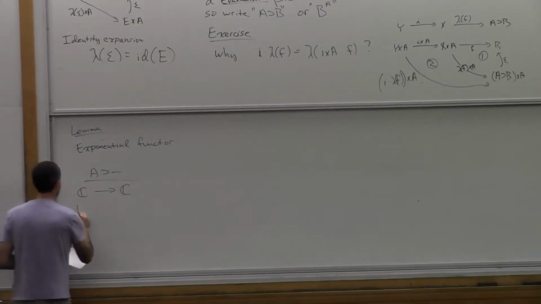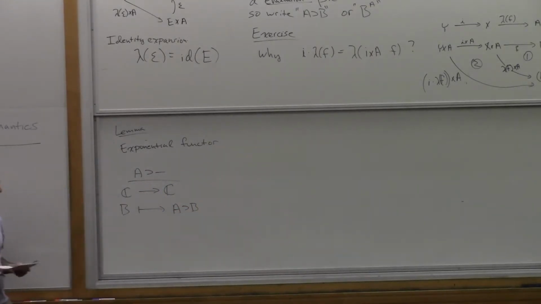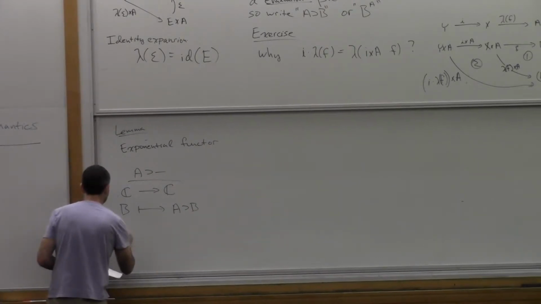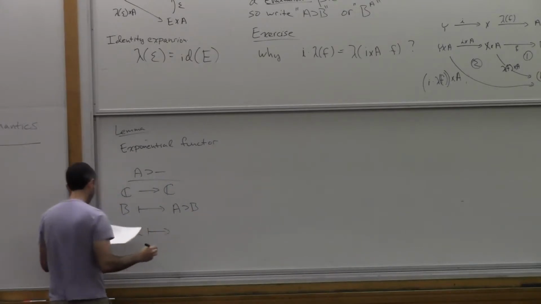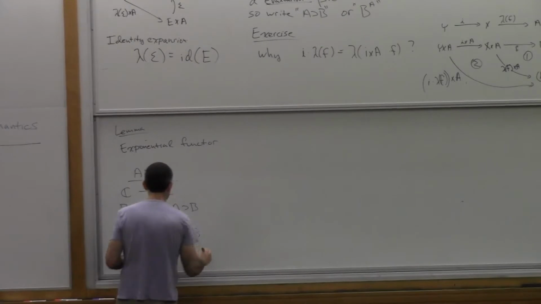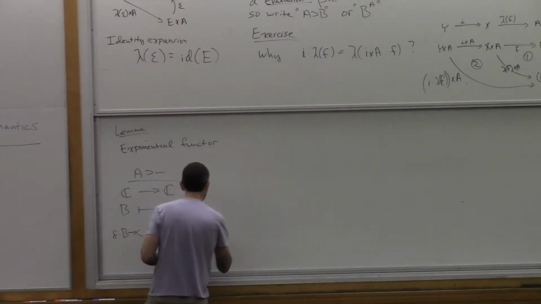Its action on objects is to just give you back the exponential by a. And so now, what should it do on arrows? Well, what it does is call this, not surprisingly, but that's just a notation that doesn't mean anything.